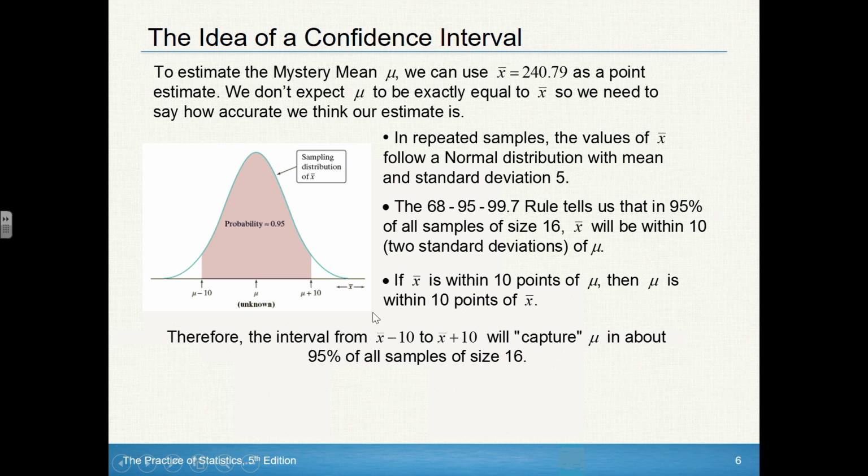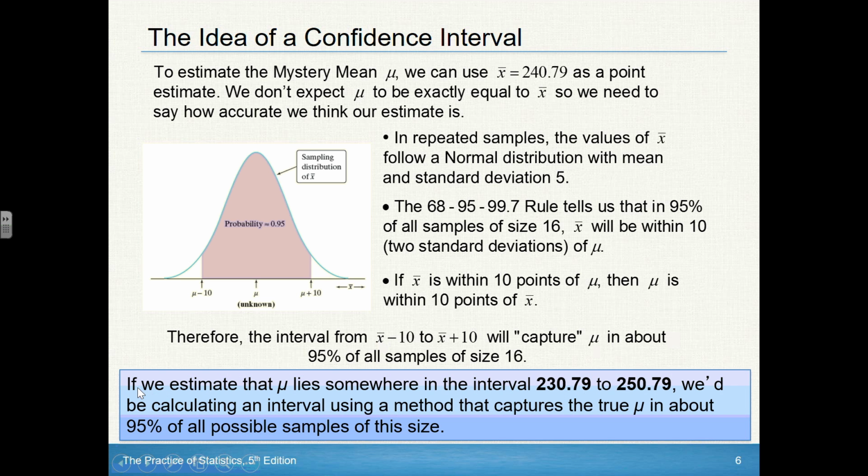So what that means is, even though we don't know what mu is, if we subtracted 10 and added 10 to that, then we would say that we are 95% confident that the true mean is somewhere in between that range of values. Now we don't know mu, so we're going to use our x bar to estimate that.